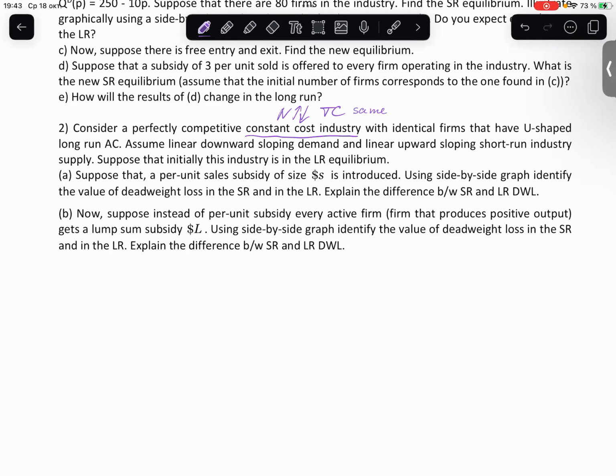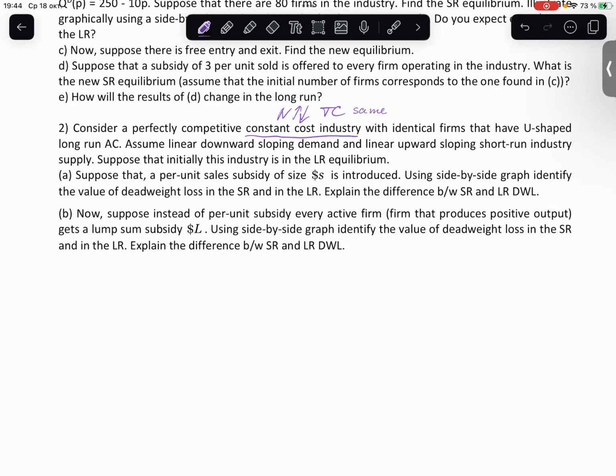If we speak about an increasing cost industry, that means that the more firms enter the market, the higher the costs of each firm. It's like some resource, for example a field, and the sheep farmers: the more sheep are on this field, the higher the costs of each farmer. Okay, never mind.